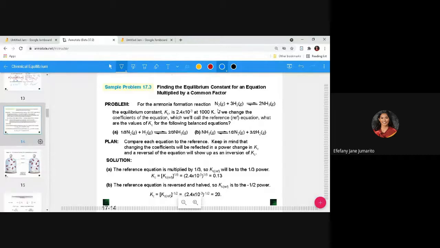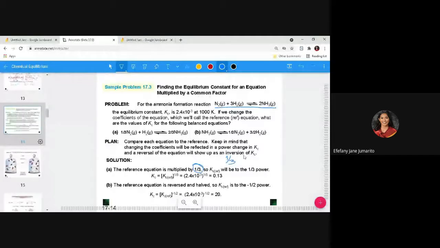Okay, so we have this one, N2 plus 3H2. If we change the coefficient of the equation, which we call the reference equation, what are the values of Kc? If we change it, the reference equation is multiplied by a factor of 1/3.